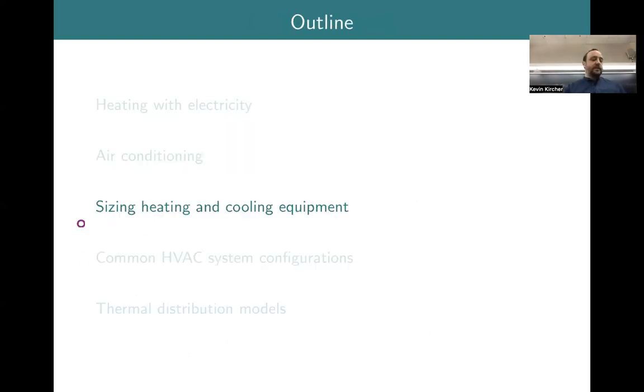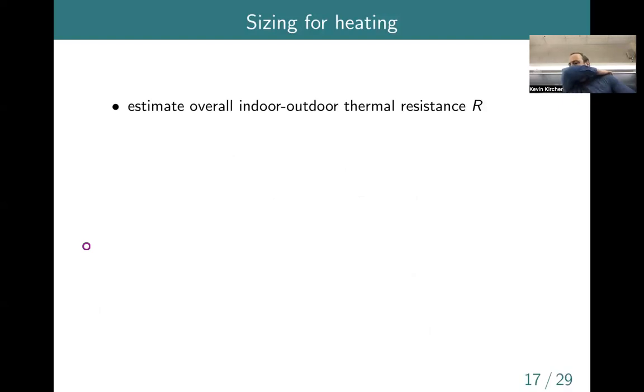Okay, so that's heating and air conditioning. Let's talk a little bit about how we size equipment for heating and cooling. So this stuff is based significantly on the RC modeling, thermal circuit modeling that we did last week. So the basic idea is somehow we estimate the overall thermal resistance R between the indoor air and the outdoor air.